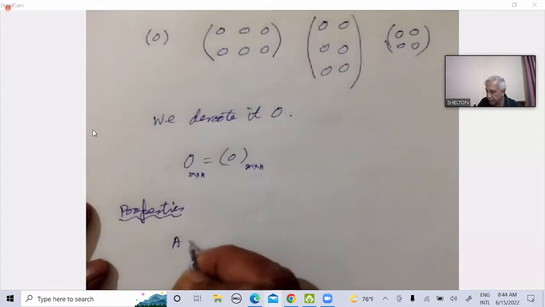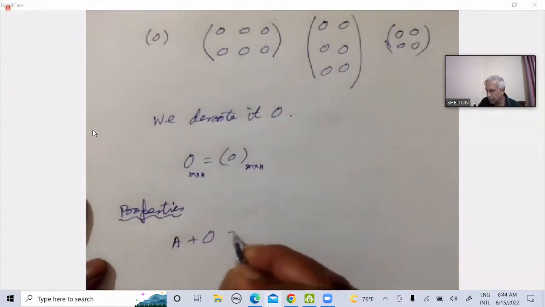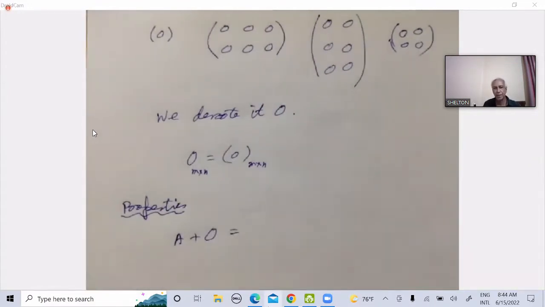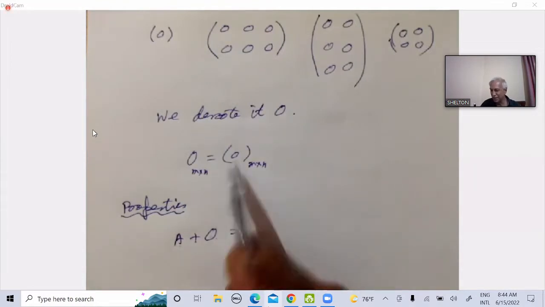A plus O is equal to what? Now when I say plus, you know, sizes of the two matrices must be the same. If this is m by n, this should be m by n. What is your guess? A plus O is this one, every entry is 0.